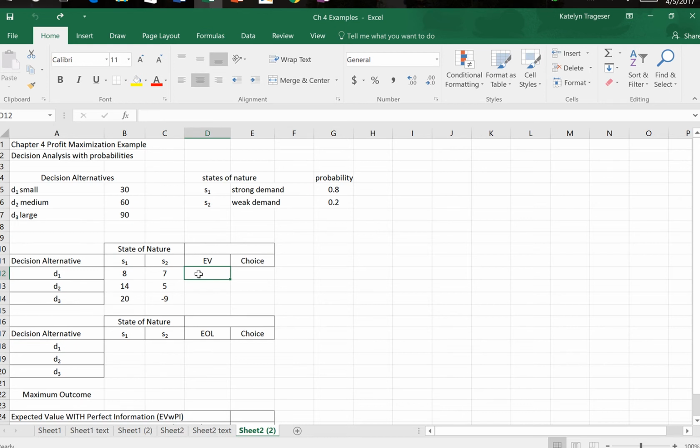For our first one, decision alternative 1, a small complex, we say equals the payoff of that times the probability for a strong demand plus the payoff for state of nature 2 multiplied by its probability. We can see that our expected value here is 7.8 million. If we go back and lock in our probabilities, then we can just copy our formula down.